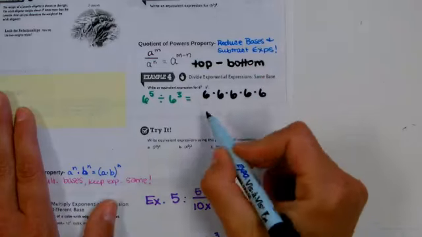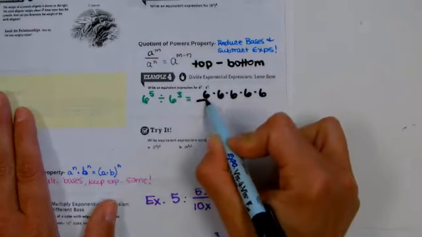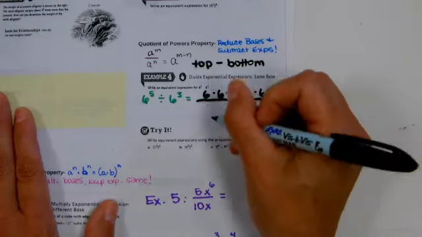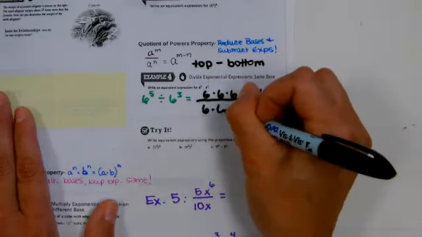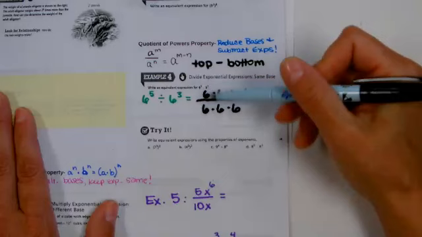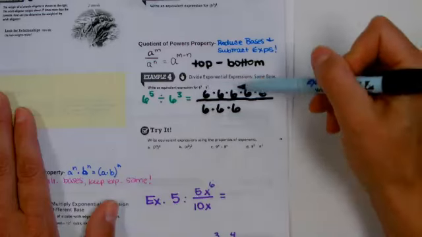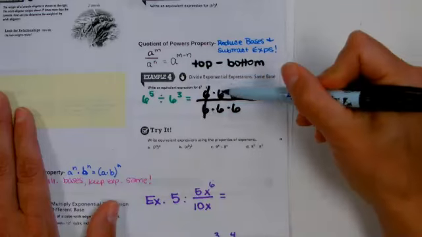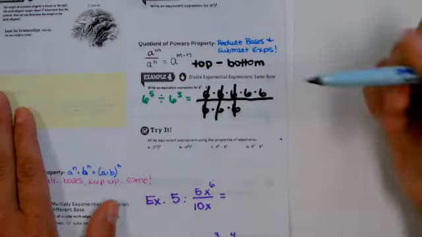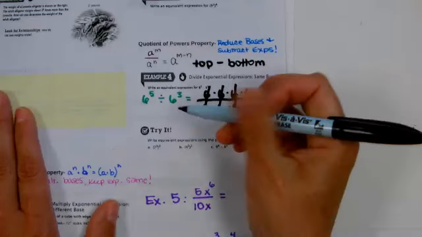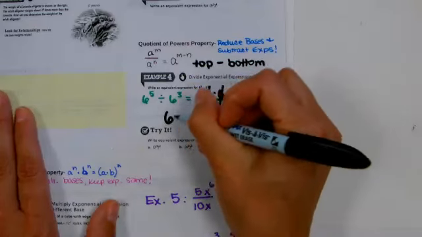Division in mathematics means we can make that a fraction, divided by 6 to the 3rd, multiplying 6 by itself 3 times. In a fraction, you can cancel the same numerator and denominator because they equal 1. So I can cancel out 3 sets of 6s, leaving me with 2 sixes. My final answer is 6 to the 2nd power.